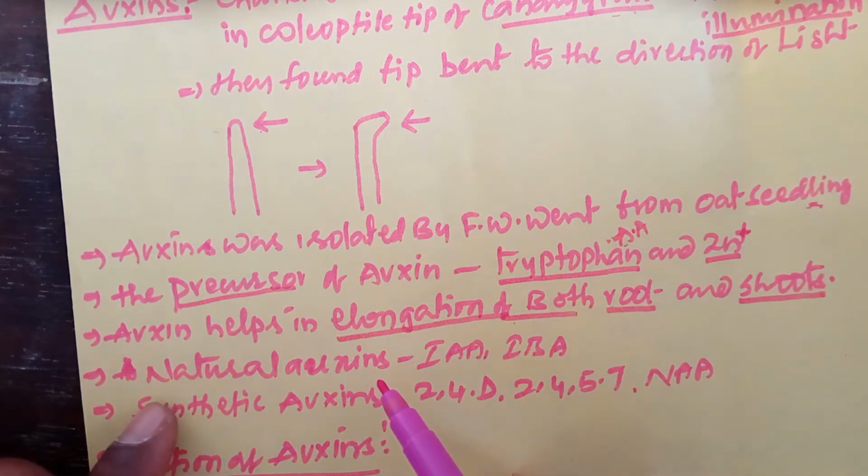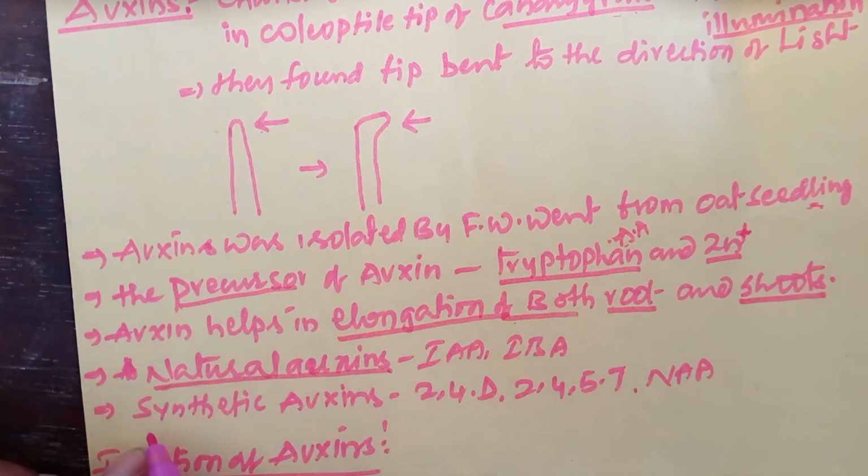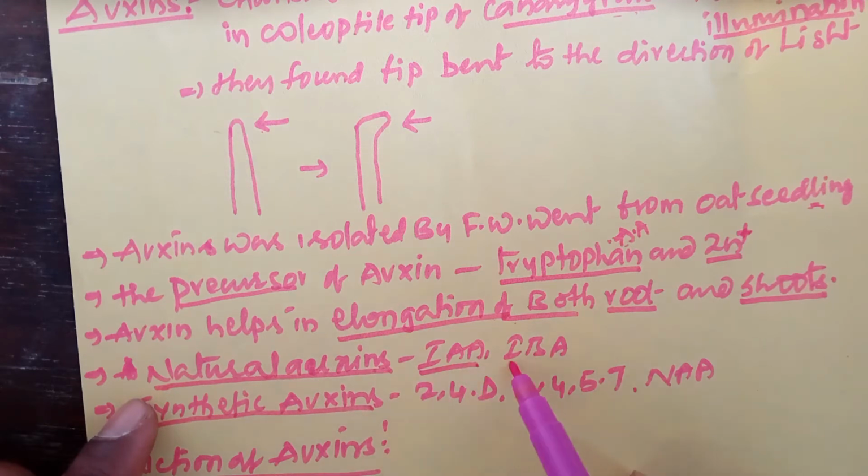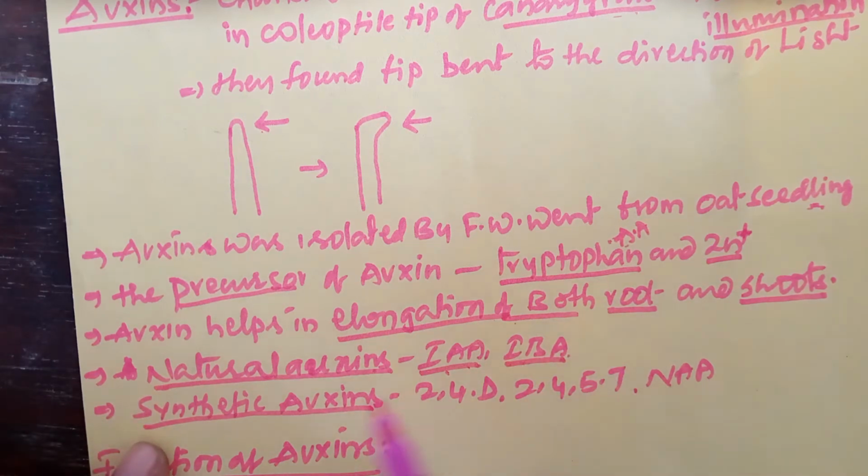Auxins are of two types: natural auxins and synthetic auxins. Natural auxins are those naturally secreted in the plant body. Examples of natural auxins: IAA and IBA. IAA means indole acetic acid, IBA means indole butyric acid. Synthetic auxins are artificially synthesized at industrial level.